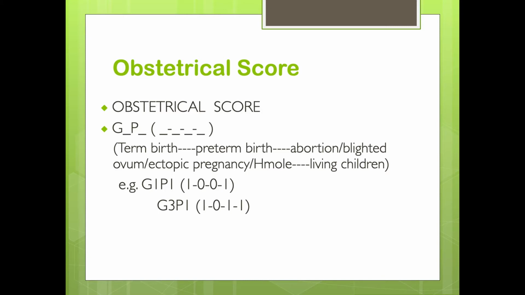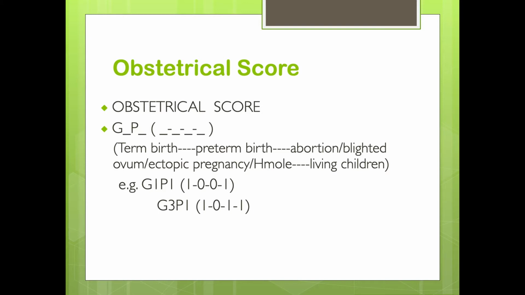Now let's go to the obstetrical score. The obstetrical score helps a person know about the patient's obstetric history simply at a glance. We have the G, gravida, followed by a number, and P is para, followed by a number. Then within the parentheses, we have four numbers as well. G is for the number of pregnancies.